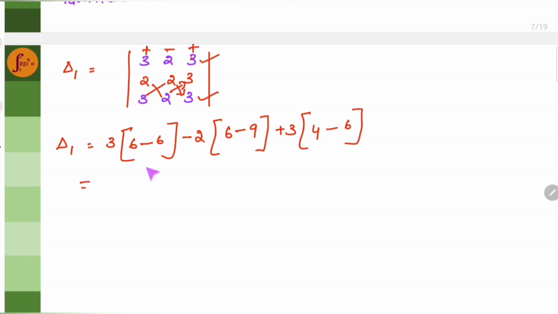So we'll get, this is 0, this is minus 3 and you have minus 2. So it's going to be minus 3 into 2, which is plus 6. Again plus 3 into minus 2 is minus 6. So it's going to be 0. So we proved that the value of the determinant is 0 when the rows are identical. The same thing is applicable when the columns are identical.